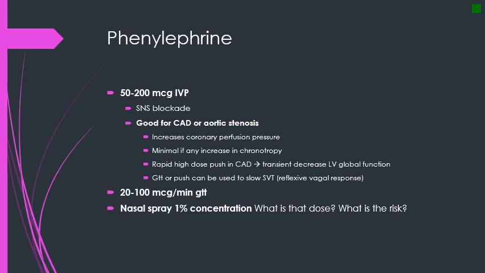Phenylephrine is also utilized by us in anesthesia in the holding area as a nasal spray whenever you're preparing patients that are having a nasal intubation. They'll utilize a 1% concentration spray for prep.